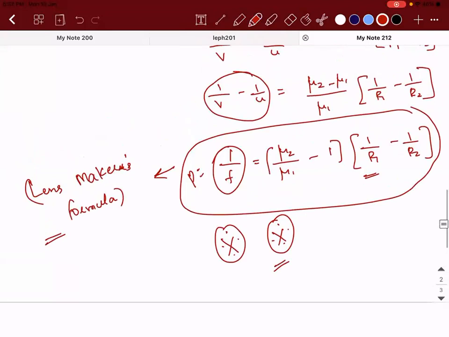Right? So having all these things in mind, let me do 2-3 problems that are based on this concept.